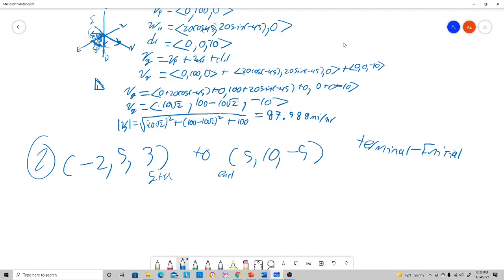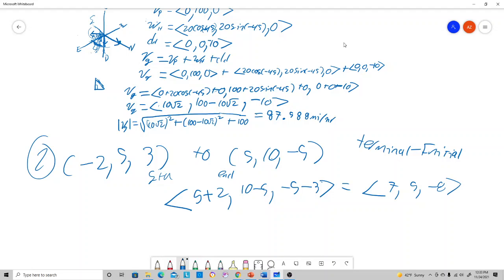So take the end one: 5 minus 2, so plus 2, and then 10 minus 5, and then negative 5 minus 3. If we simplify that, we're going to have the vector 7, 5, negative 8.